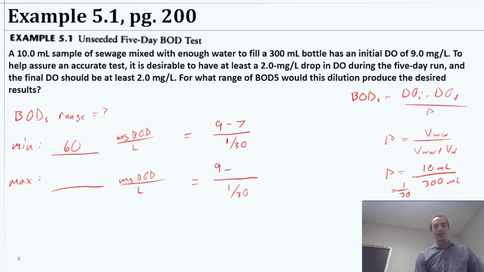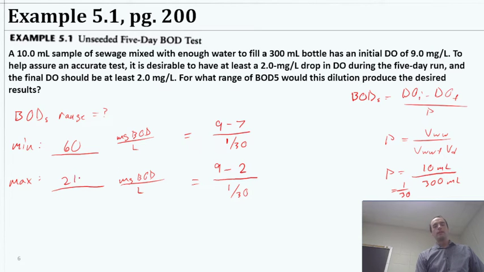So what I was saying a moment ago, I put if we had to keep at least 2 at the end, right? So then for the max case, we could drop all the way down until we had 2 remaining. So that would be the max BOD removed before we're no longer trusting our test.